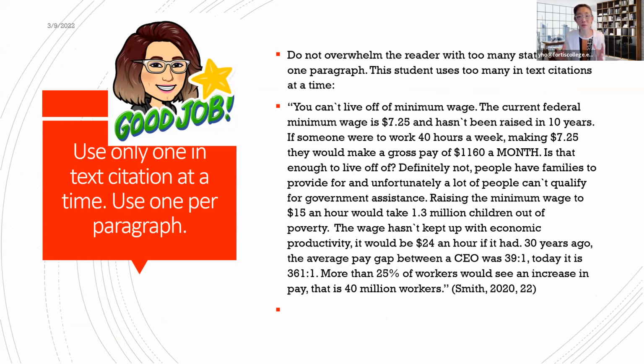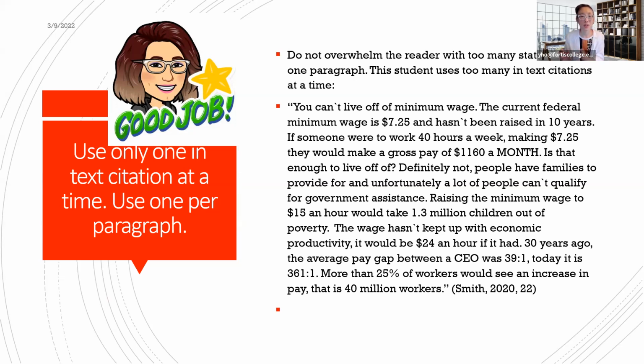You can't live off of minimum wage. The current federal minimum wage is $7.25 and hasn't been raised in 10 years. If someone were to work 40 hours a week, making $7 an hour, they would make a gross pay of $1,060 a month. Is that enough to live off of? Definitely not. People have families to provide for, and unfortunately, a lot of people can't qualify for government assistance.